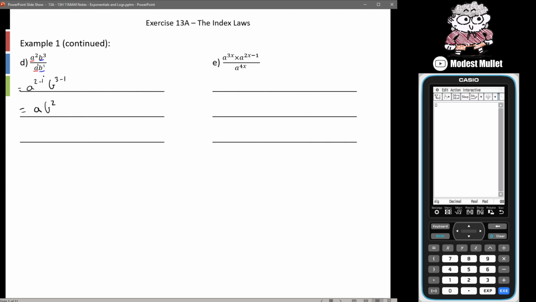One thing to note here is that we don't always get everything simplifying on the top, so we might, in this case, have A squared B squared on A B to the power of 4. In that case, the bigger power is on the bottom, so we're going to get A to the 2 take away 1, and then we're also going to get B to the 2 take away 4, which is equal to A to the 1, B to the negative 2.